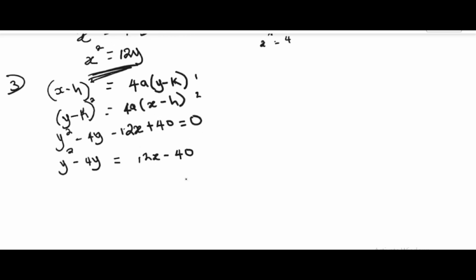So now to complete the square, since the coefficient of y squared is 1, I will go to y. The coefficient of y is minus 4. So multiply this minus 4 by half, and you'll have minus 2. So this minus 2, square and add to both sides. So I'm going to have plus (minus 2) squared here.